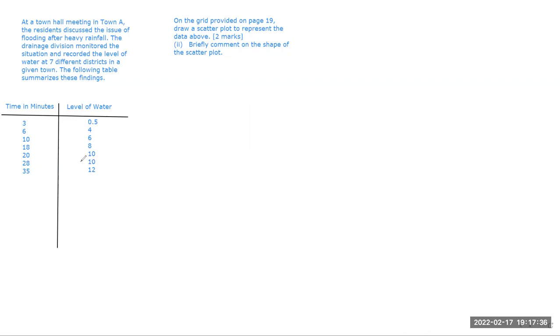Yeah, so I want you to just give me like a sketch right here. You can try to maybe scale it a little accurately so you can get a good idea.